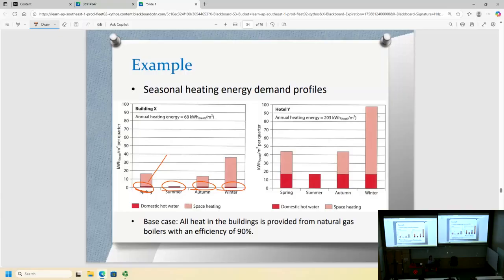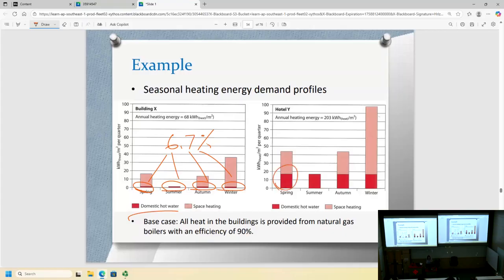Based on these two case studies, for building X it is provided that 6.7% of the annual heating energy is for domestic hot water.